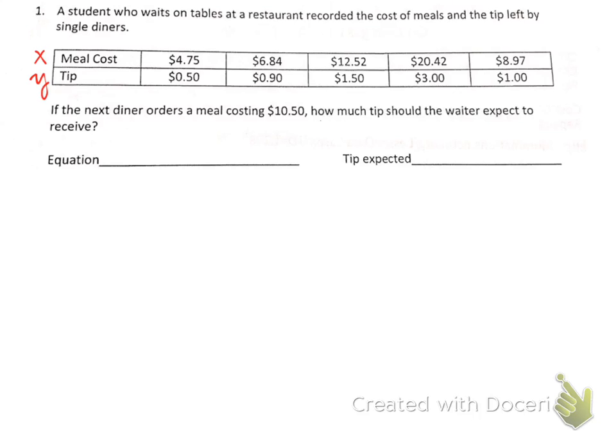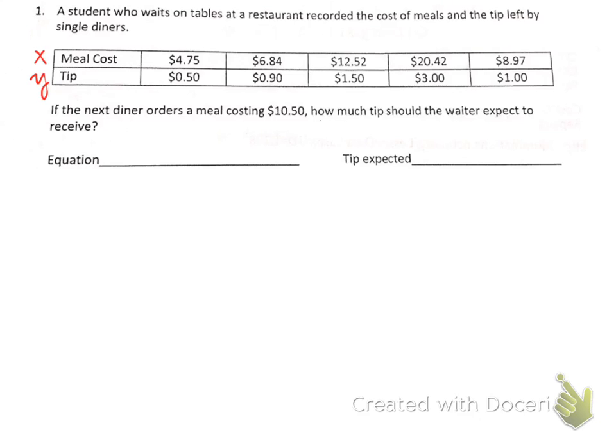We press Stat, over to Calc, and we go to 4, LinReg, and press Enter. Sometimes you have to press it a couple of times. What pops up has long decimals here, so let's just do 4 decimal places.